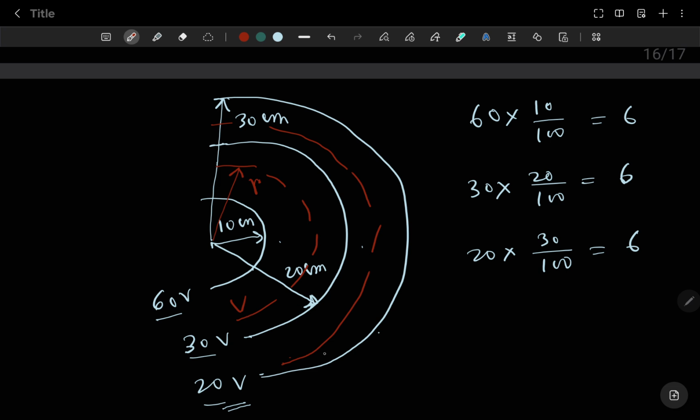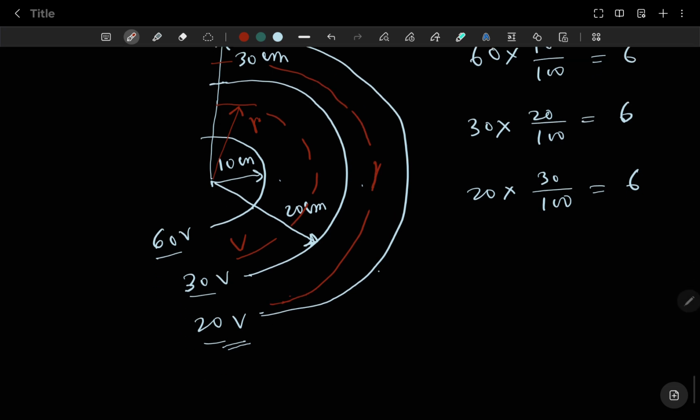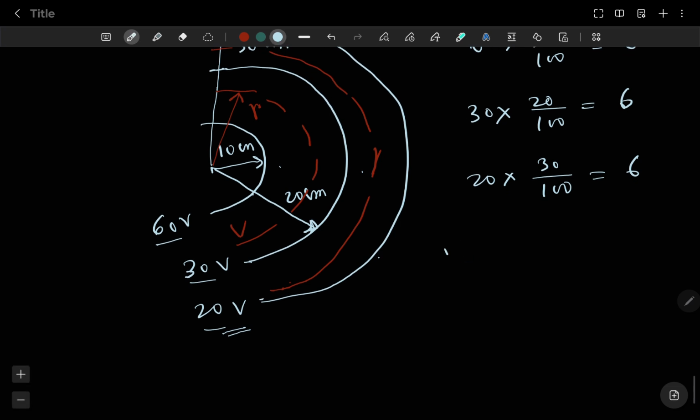The voltage V at any point and the product with R will be constant. It is not that the electric field will be constant here. It will be non-uniform, but the product of V and R is constant.